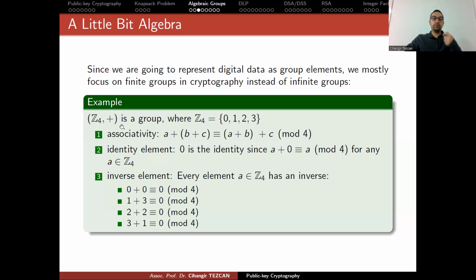So Z4 with the addition operation is a finite group. Okay. So this is somewhat, by the way, counterintuitive for mathematicians, because in every algebra class or field class, lecture, you will see that mathematicians are always working on infinite groups or infinite rings or fields.